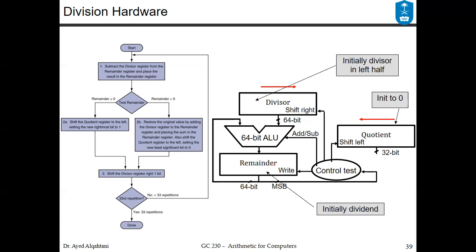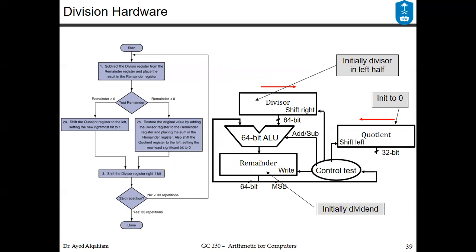But here in the division, we use the remainder. And we check the most significant bit of the remainder. So in the multiplication, we check the least significant bit of the multiplier that was here. But in the division, we check the most significant bit of the remainder. So we check the bit here to know if the result here is negative or not.